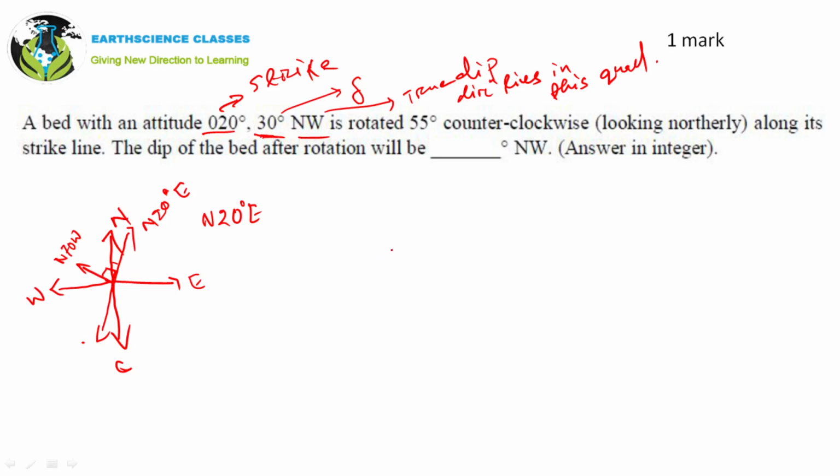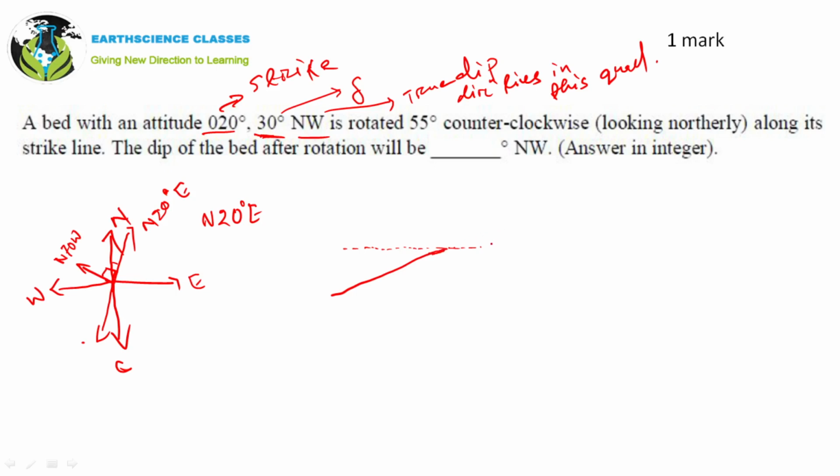So let's say I am plotting the bed like this. This is the vertical section I am doing, right? This is horizontal, and this is the bed.